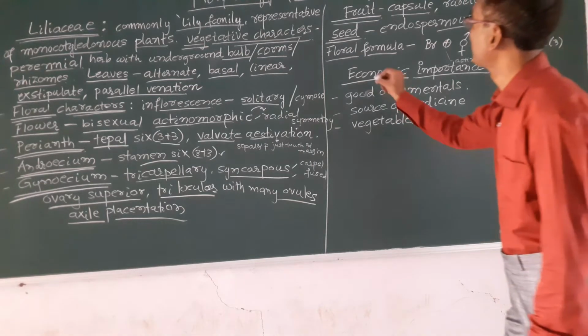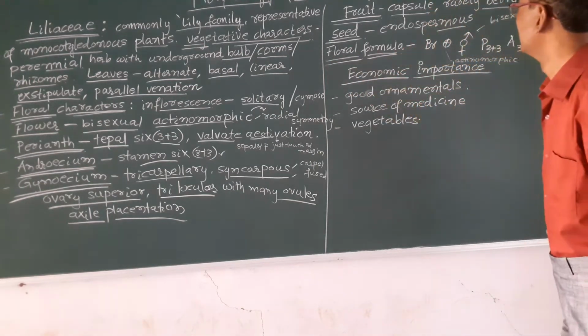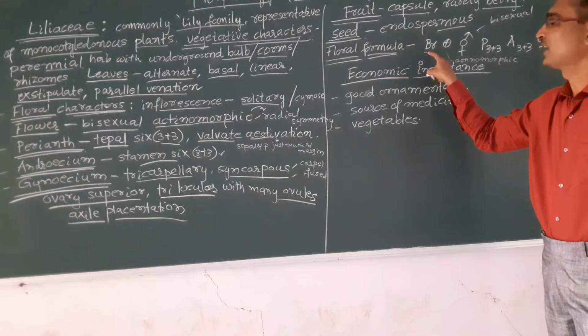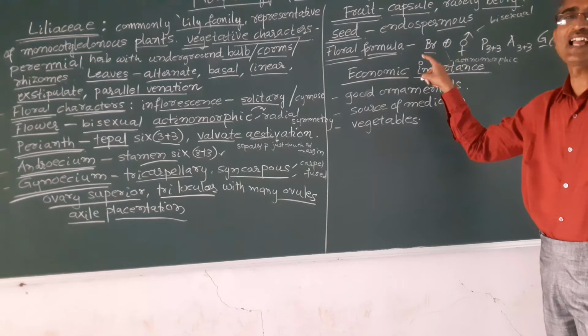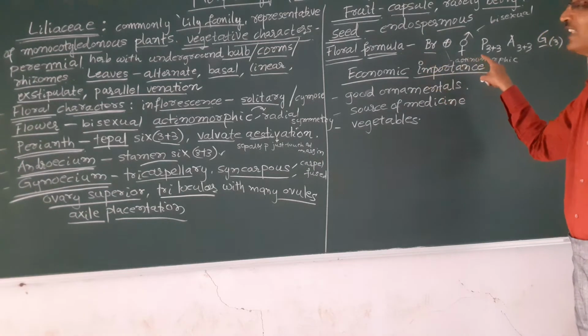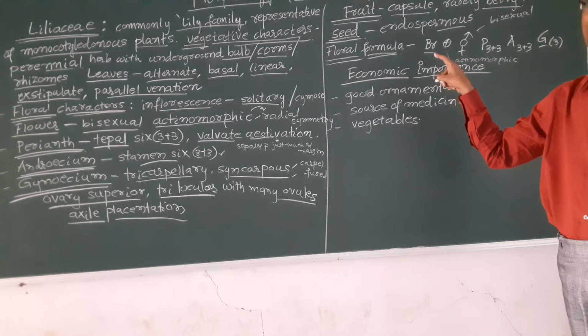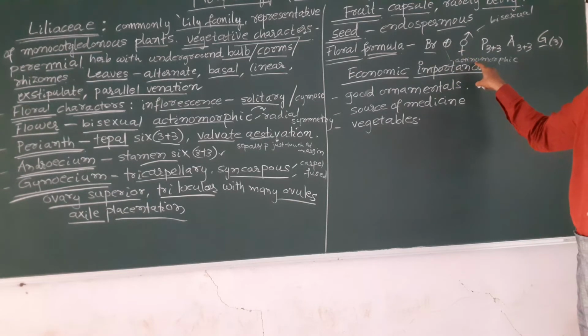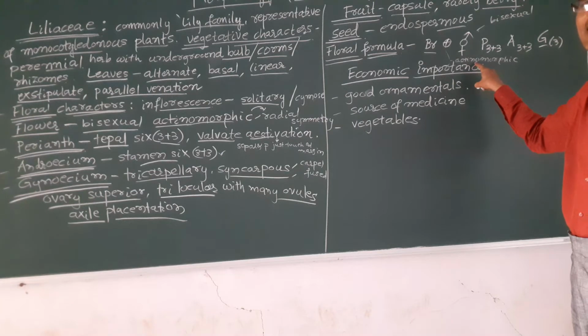Now the floral formula. Here we see BR, which is bracteate. That means they have bracts, which are reduced leaves. This symbol denotes actinomorphic, that is radially symmetric, where the flower can be divided into two equal parts by any plane passing through the center.